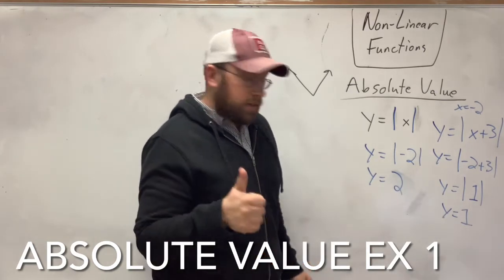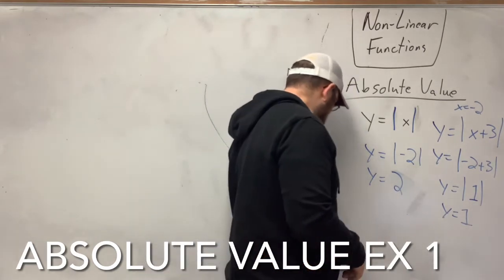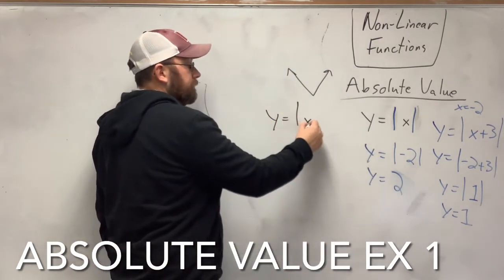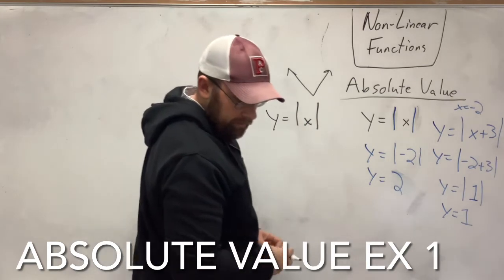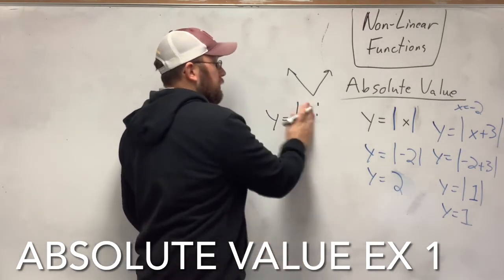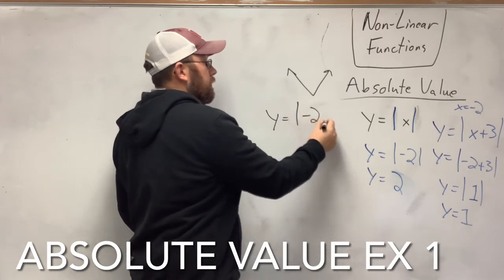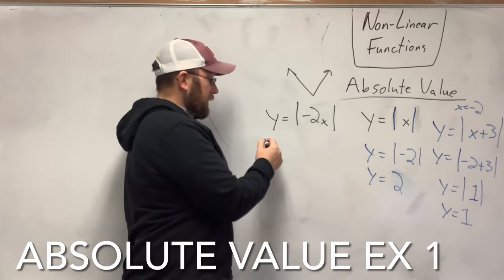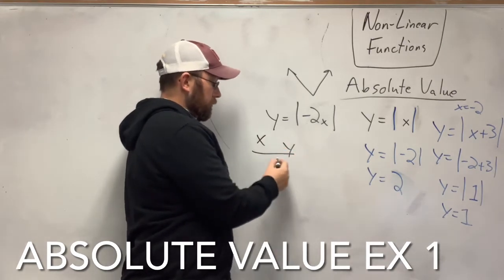All right, so let's graph one of these real quick. So let's say y equals that. All right, now we'll do something a little different. There we go. So now the graph, you make an XY table.